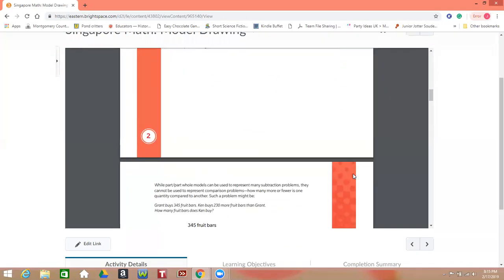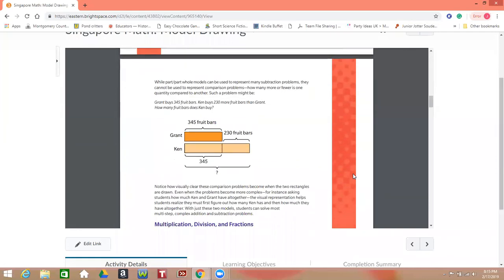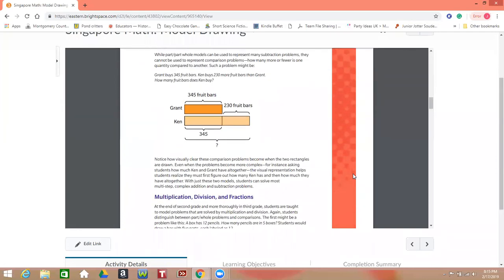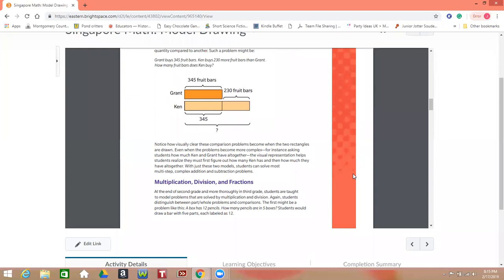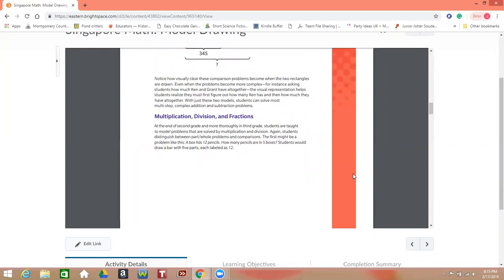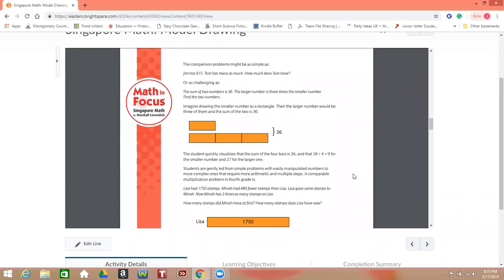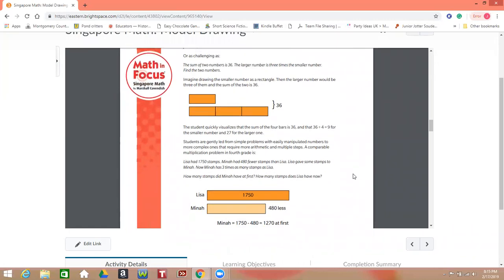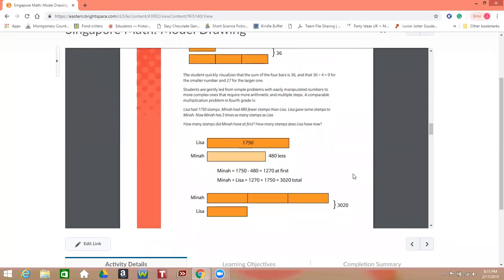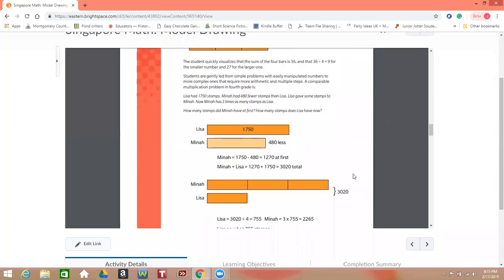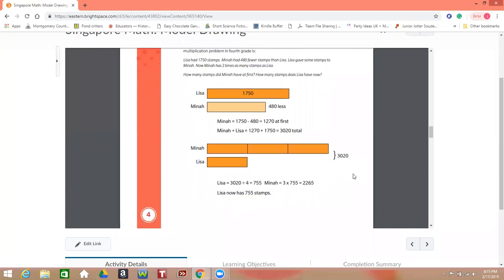There are a lot of different lessons on ways in which you could use unit bars. You can use it for all of the different operations. You can use it for fractions. They're really great for using with ratios. So there are a lot of different strategies. I'm not going to be able to obviously share all of them with you, but I wanted to at least pique your interest in this model that's used for problem solving.